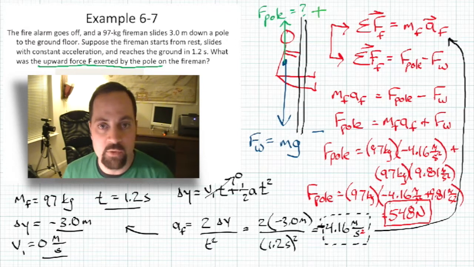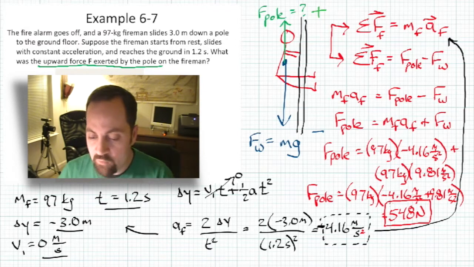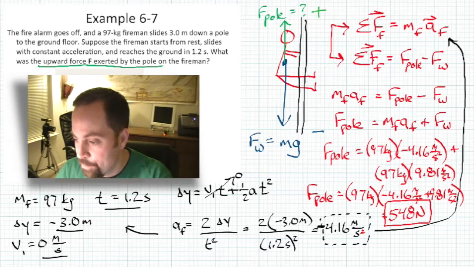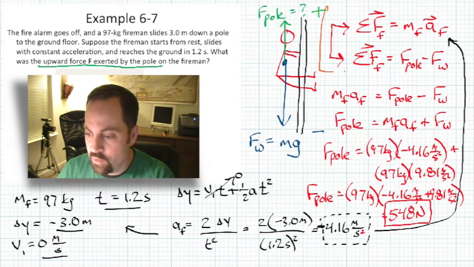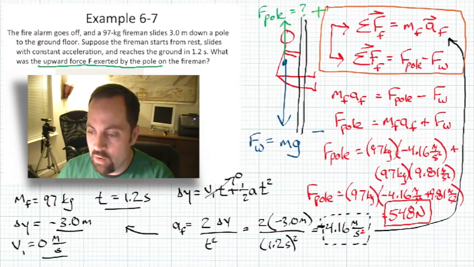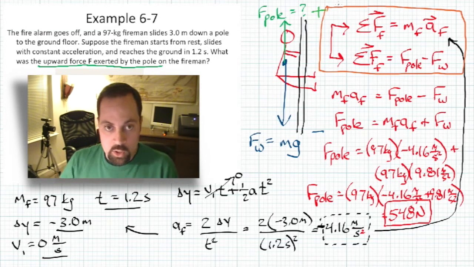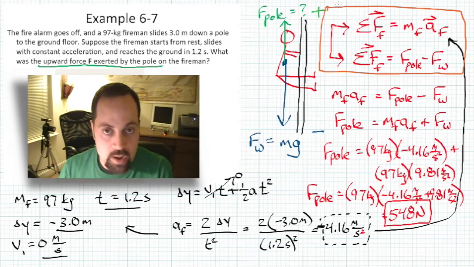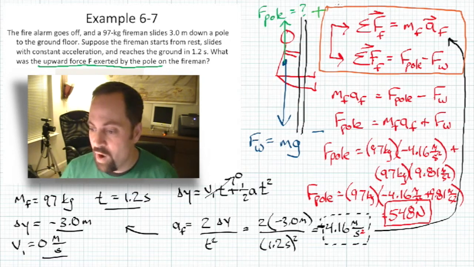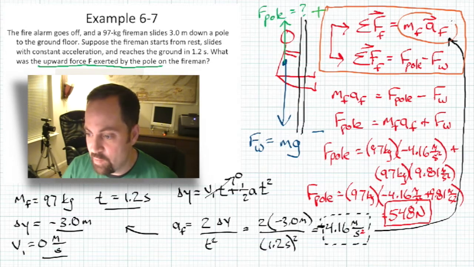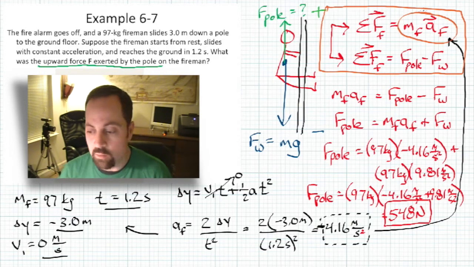Sorry that got a little messy right there, but the big thing you want to take away from this is this, and I'm going to box that off in orange right there. Write the net force on an object two different ways. Write it as a whole system: the mass of the whole system times the acceleration of the whole system.